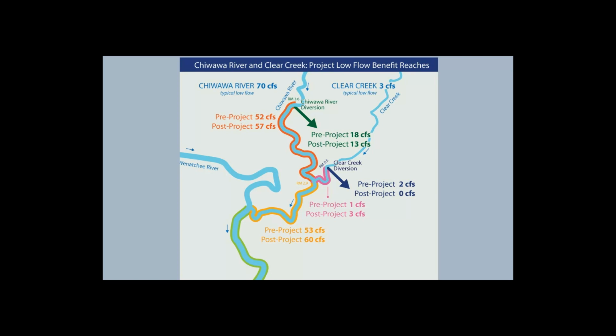What is the corresponding shift, rather than just in terms of CFS? What's the change in stage? And do these flows equate to a measurable increase in river stage, thus habitat for fish?